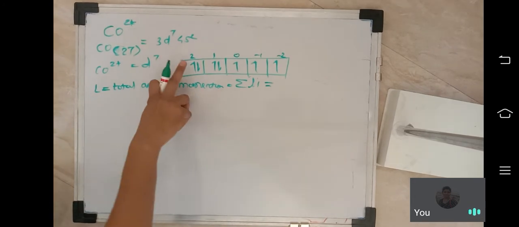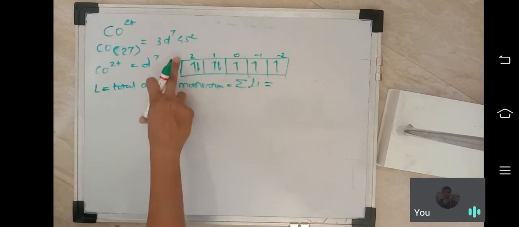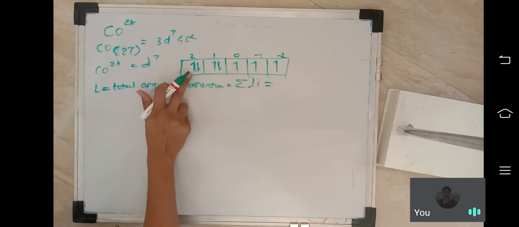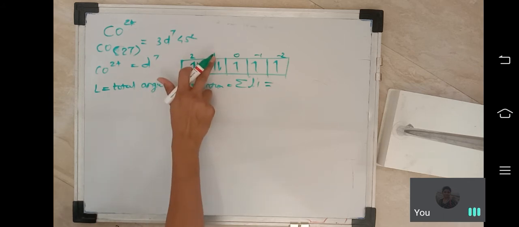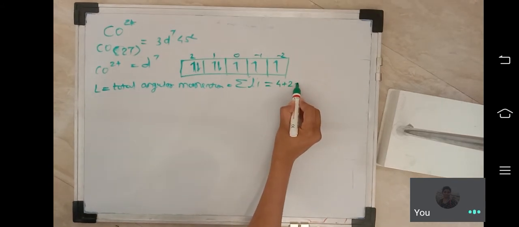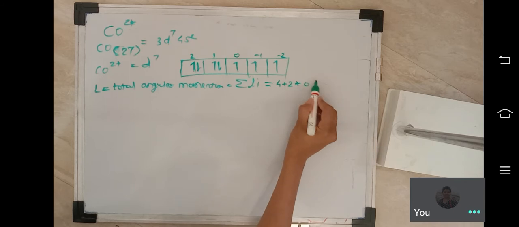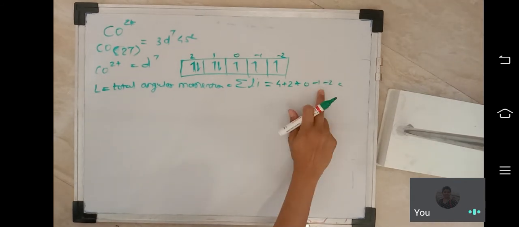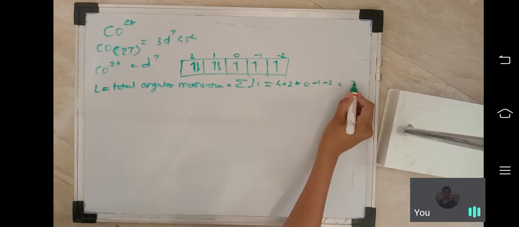Here 2 is there, 1 is there. You have to take the 2 for this electron and the other 2 for this electron, that means 4. Here 1 is there, plus 2, 0, minus 1, minus 2. What is the calculation here? 6, 6 minus 3, that means 3.